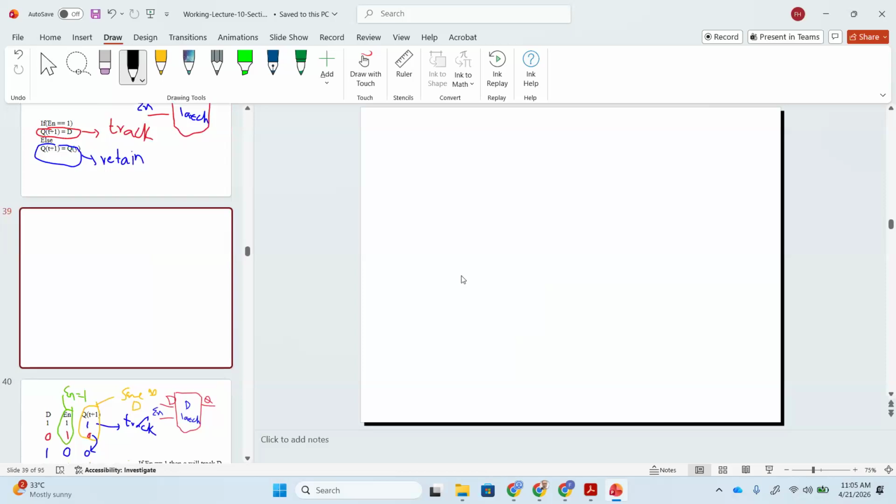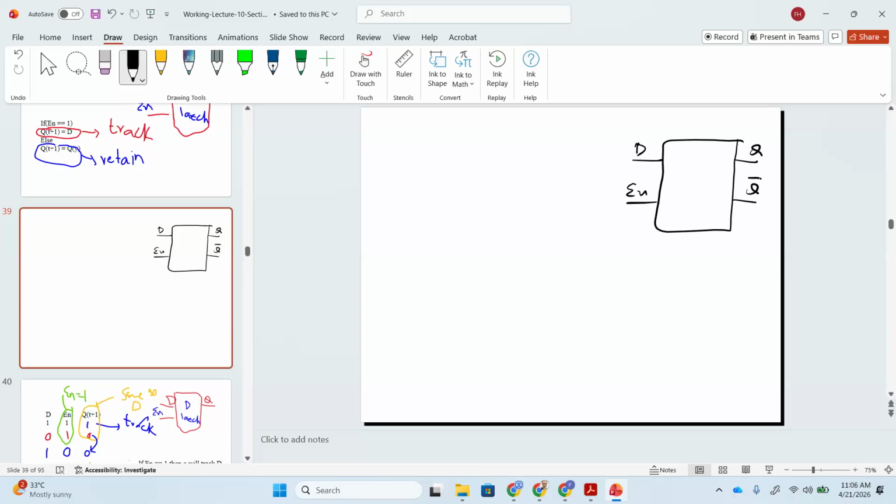Okay, so now let's assume we have different scenarios. Let's assume we have D. Now we have a latch. Okay, forget about Q bar. Q bar is actually the inverse of Q. So now we have D, and then we have enable, and then we have Q, and then we have Q bar.